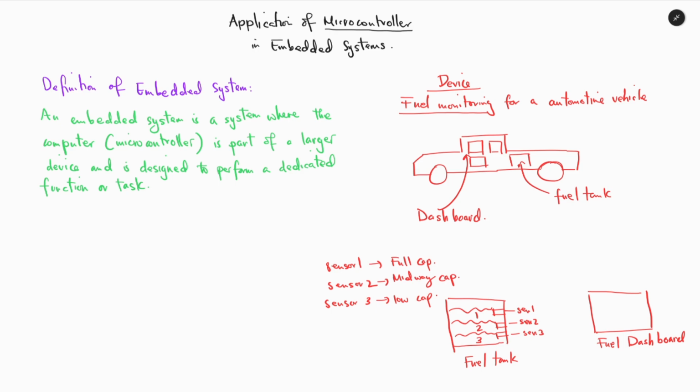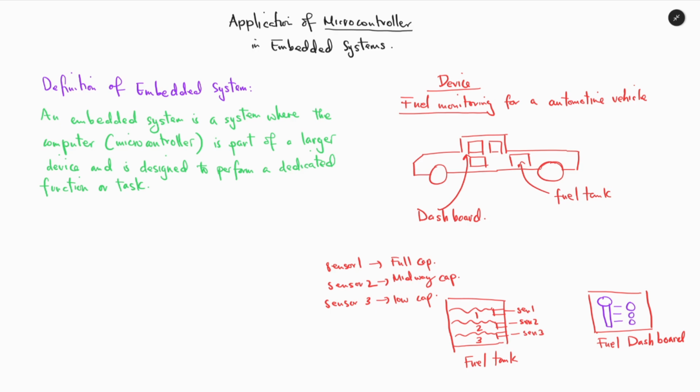We cannot measure the level of the fuel every time, and we want a device that can measure the level of the fuel and give us some representation. And in that case, we have the dashboard, and on this dashboard we can see a corresponding fuel level, and we can have some indicator.